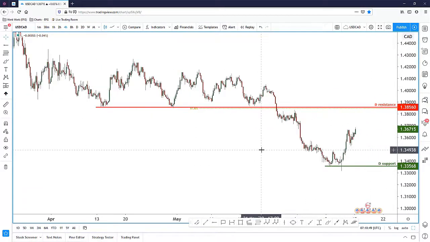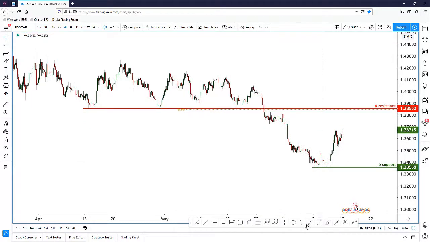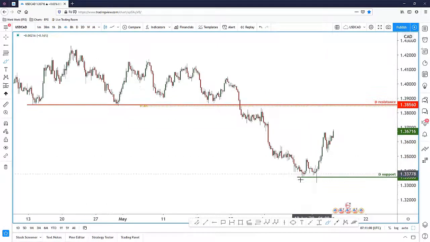Now we are on the 4 hours and we see that price has made a strong push up. It came back down with a small retracement, and it seems to be making a strong push up. What we can do with this move on the 4 hours is use a Fibonacci extension, 0.1, 0.2, and 0.3.